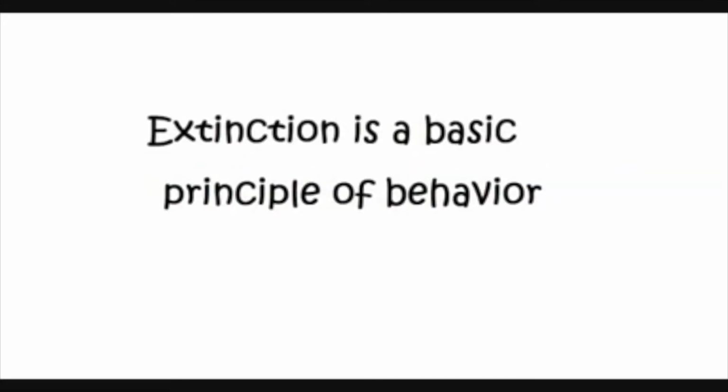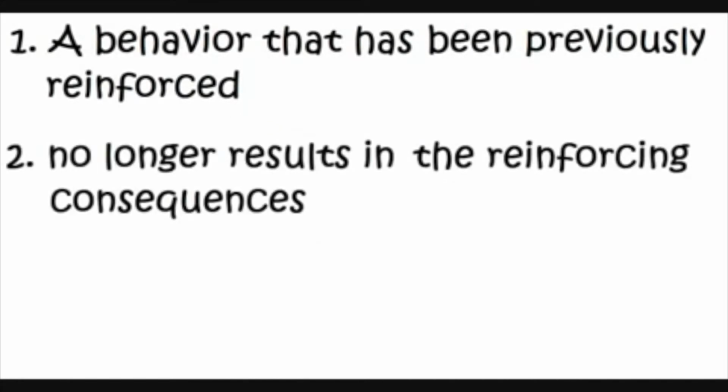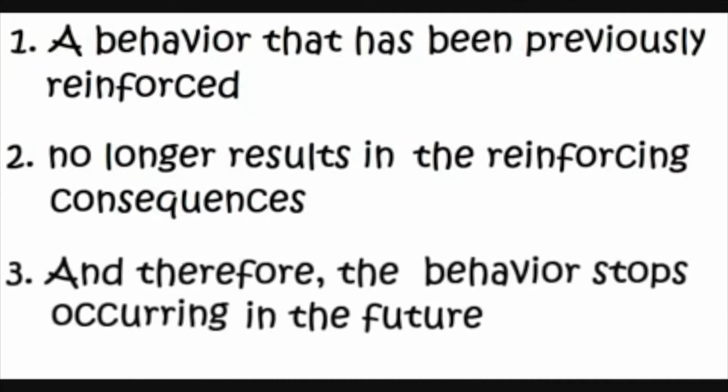Extinction is a basic principle of behavior. The behavioral definition of extinction is as follows. A behavior that has been previously reinforced no longer results in the reinforcing consequence, and therefore the behavior stops occurring in the future.